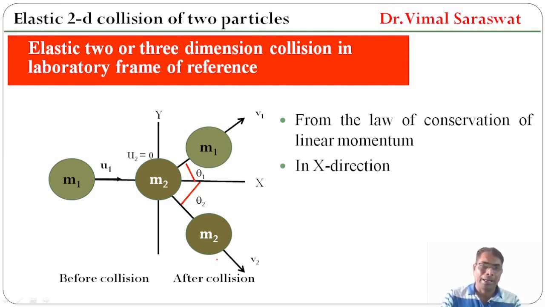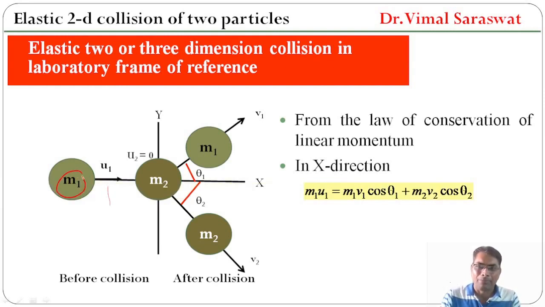So we apply the law of conservation of linear momentum in the x direction. The particle of mass m1 moves with velocity u1 along x, so its linear momentum along the x-axis is m1 u1, and the other particle is at rest, so its linear momentum is 0.